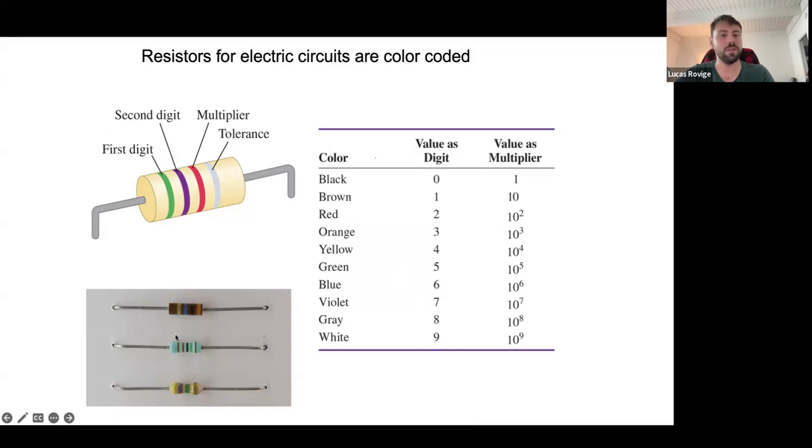No need to learn that, and honestly, I won't be asking you to guess resistance values from those color codes. If you do a lab session in electricity, you might have to do it, but otherwise, it's not something that's super interesting from a physical point of view. But just so you know, that's how you guess or know the resistance of a small resistor like that.